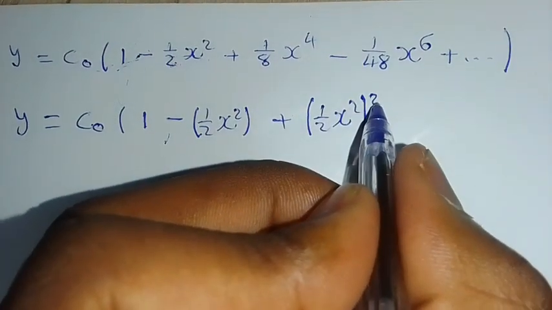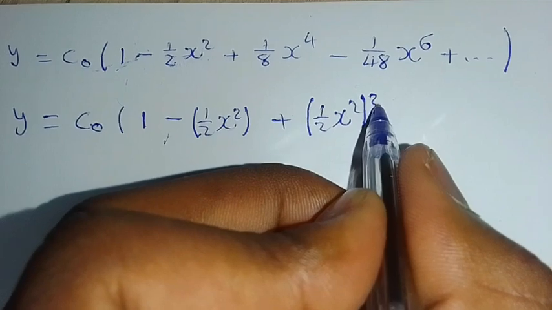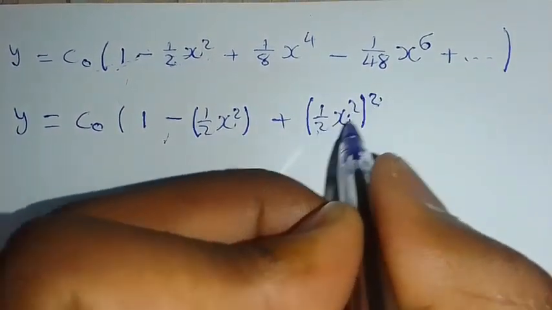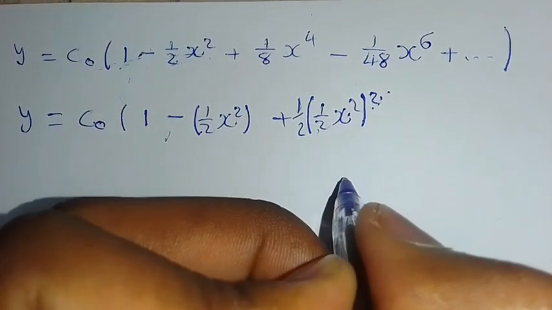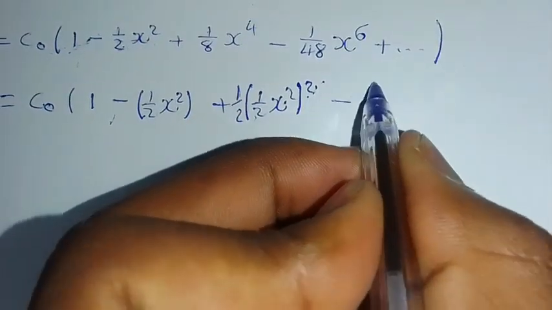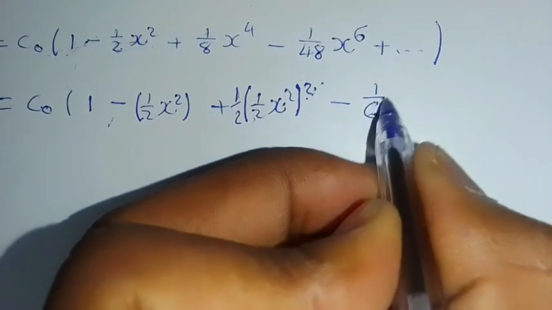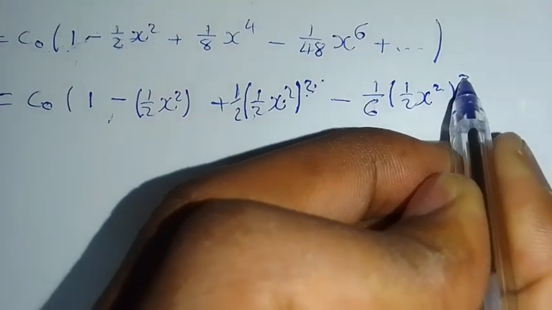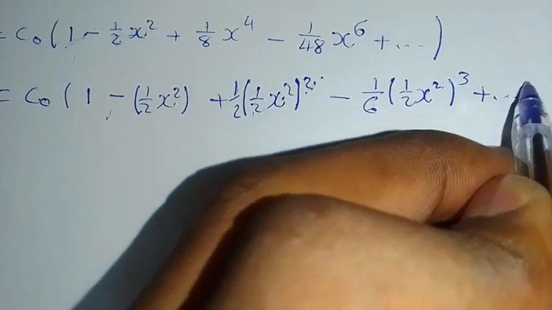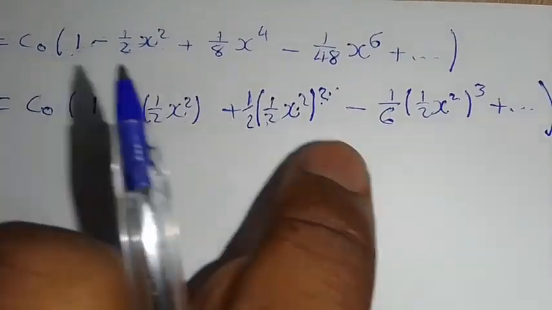Because it's the second term, where n equals 2. Then we have an x to the 4th, 1 over 2 squared. That's 1 over 4, so we're missing a half here. Okay, I think I just got a pattern on this one. Minus 1 over 3 factorial, which is 6. Then you have a 1 over 2 x squared to the power of 3 plus, this is it. It's good. Okay, then you just have this pattern right here.